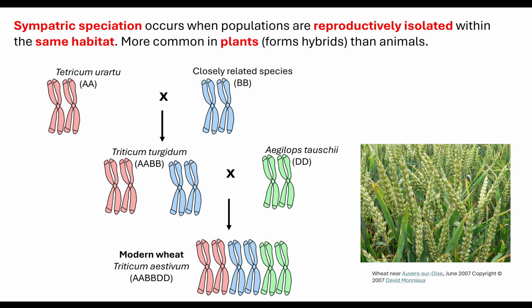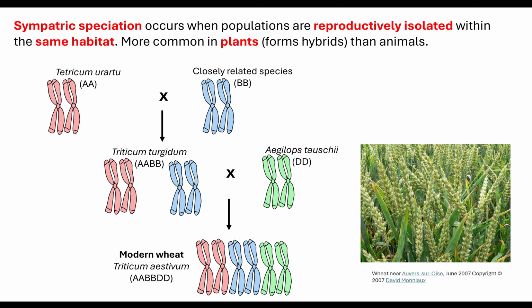It's important for you to note that hybrids actually are more common in plants because they can still produce offspring. Those offspring, although they start off as being hybrids, are able to do a thing that's called genomic doubling. So they can produce more of their chromosomes, which make them able to do this and continue. That is where modern wheat came from, in the fact that there was this breeding which produced hybrids, and then other breeding which produced other hybrids.